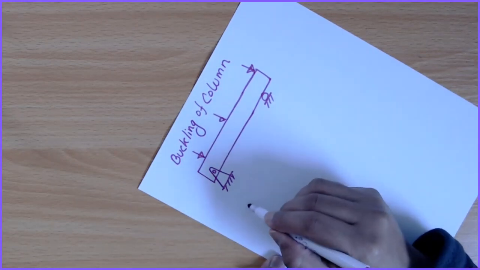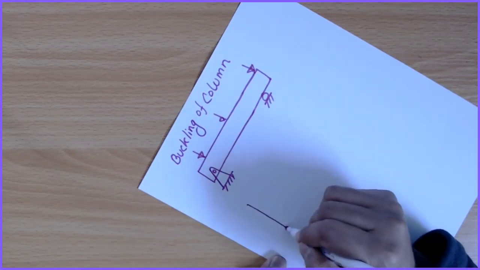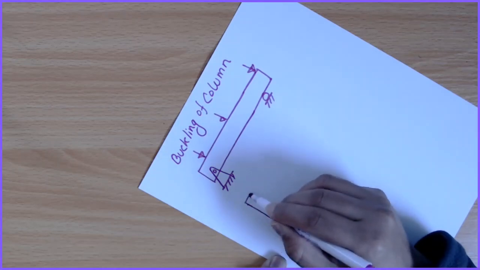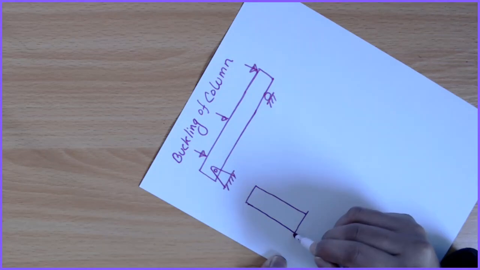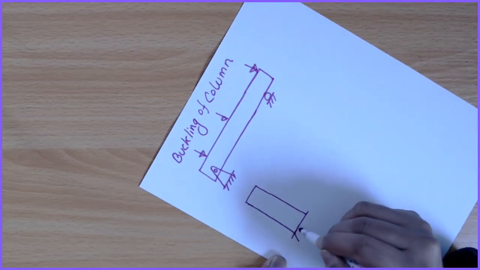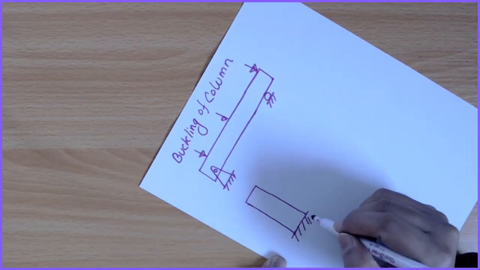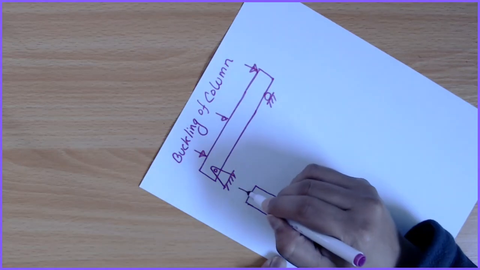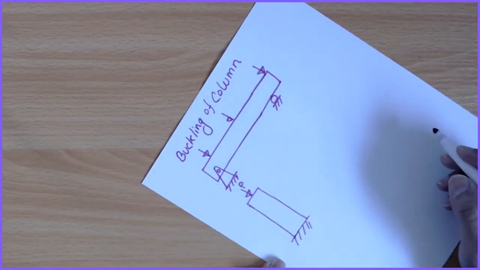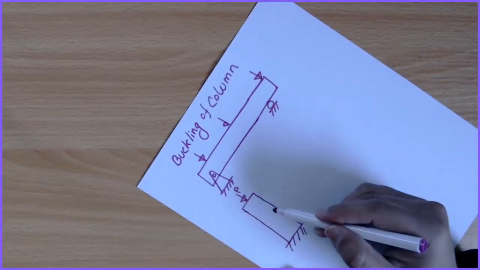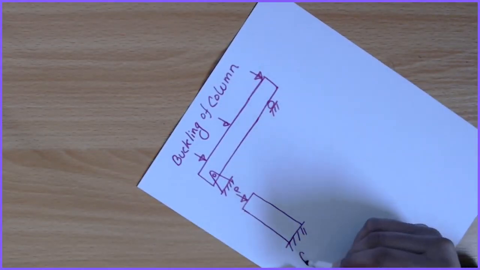If this beam is oriented like that, and you apply load on the top of it, then this is known as a column.